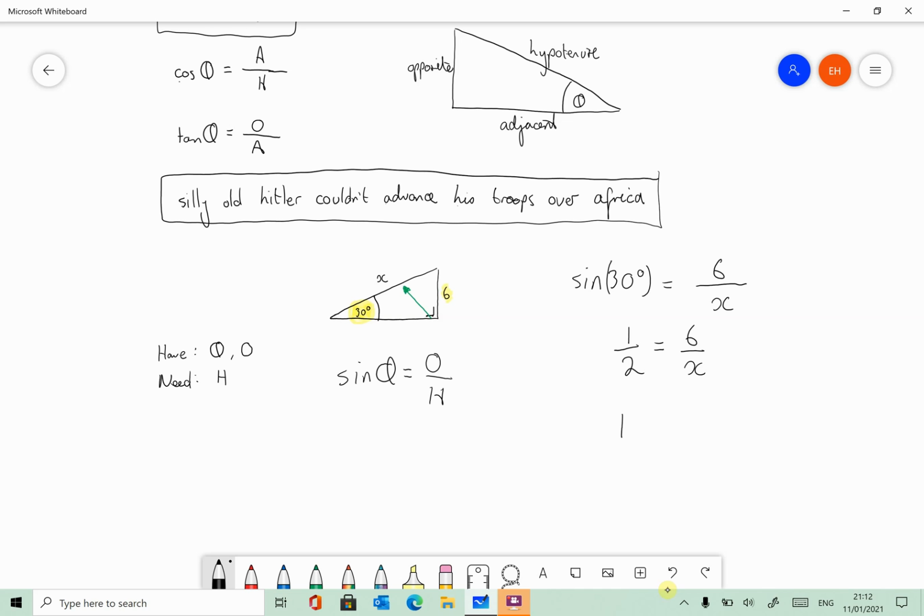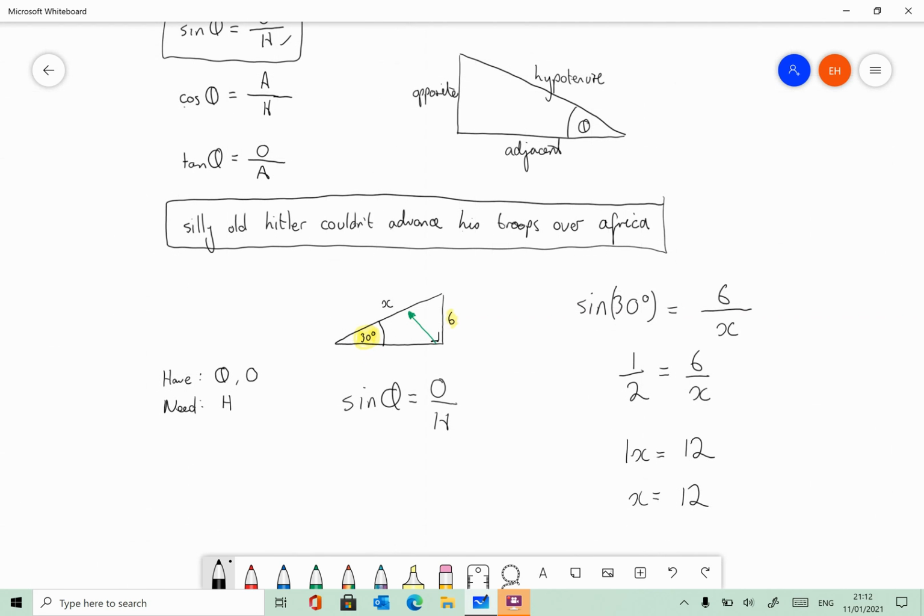So I now have 1x is equal to 12. Therefore, x equals 12. So I've worked out the length of this side here. If that side there is 6, and that angle there is 30 degrees, then the length of that side there must be 12.